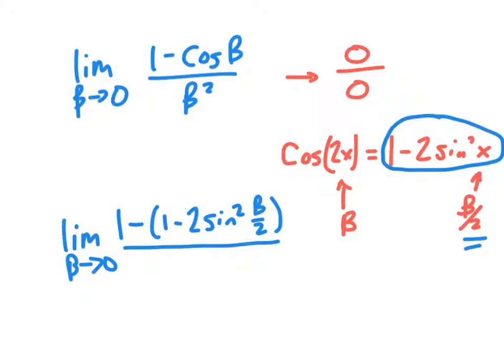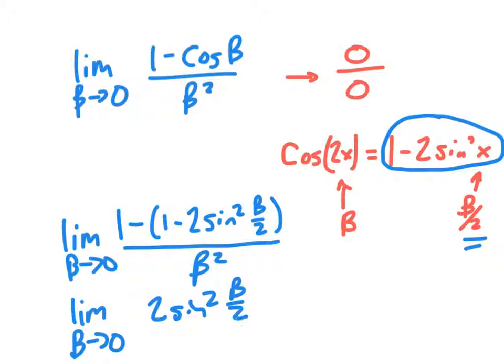And the beta squared is still on the bottom, in the denominator. Alright, so did that help us? Well, it turns out it did. We can simplify the numerator and make this the limit as beta approaches 0 of 2 sine squared beta over 2 over beta squared.